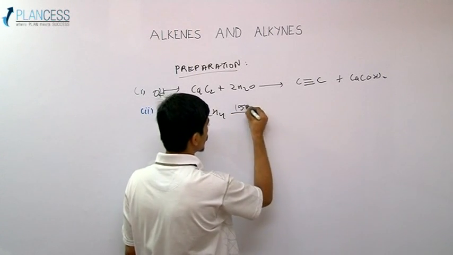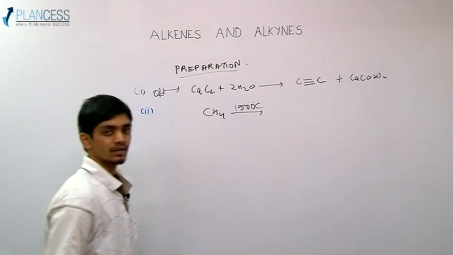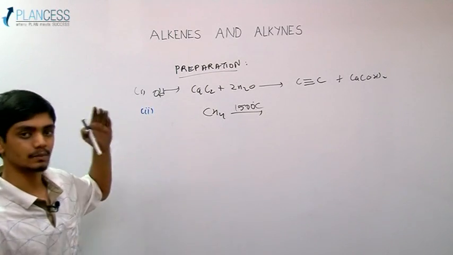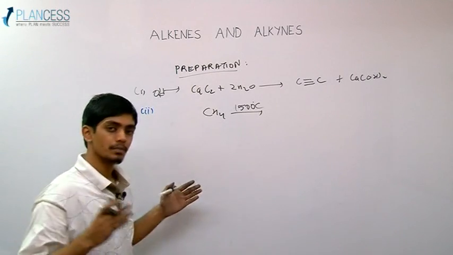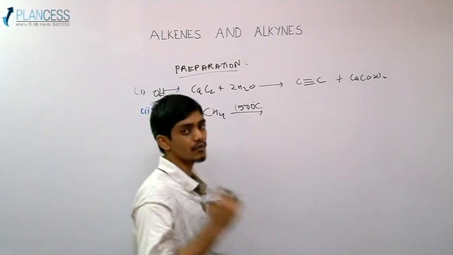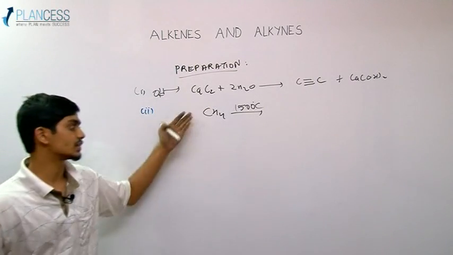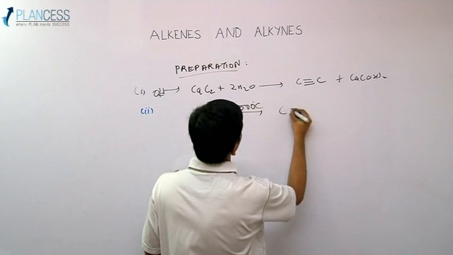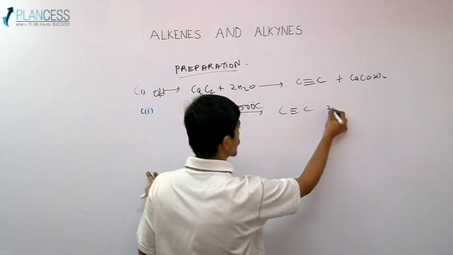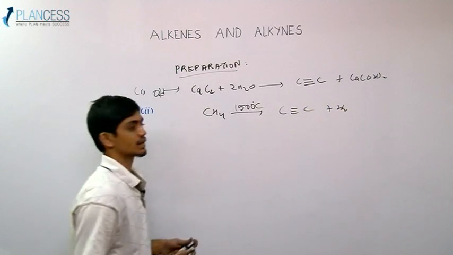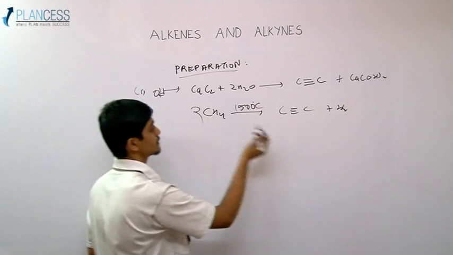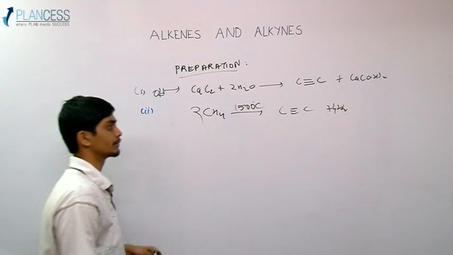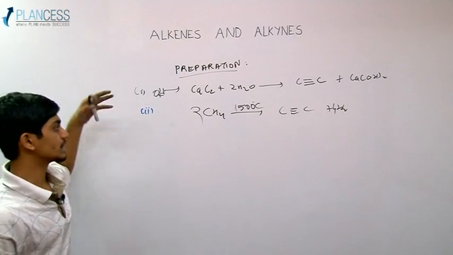That is, you heat it very fast at very high temperatures and you compress it very fast. In that sense, this methane will undergo pyrolysis and produce this and H2. So, a very simple reaction. If you take 2 of this, you will get 4 molecules of hydrogen.